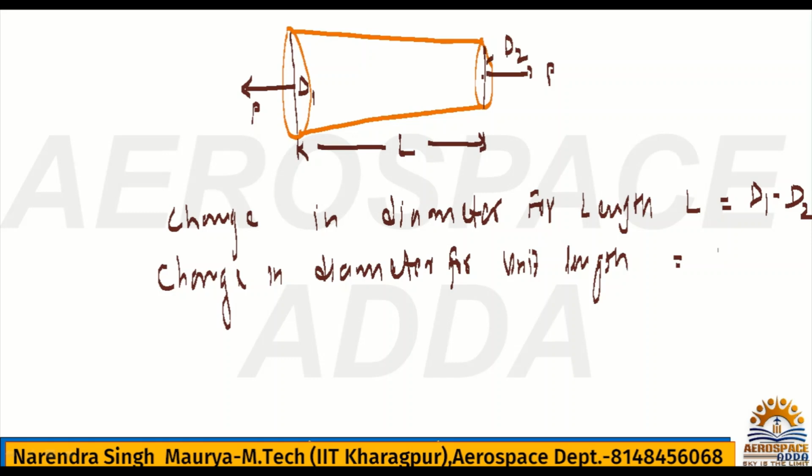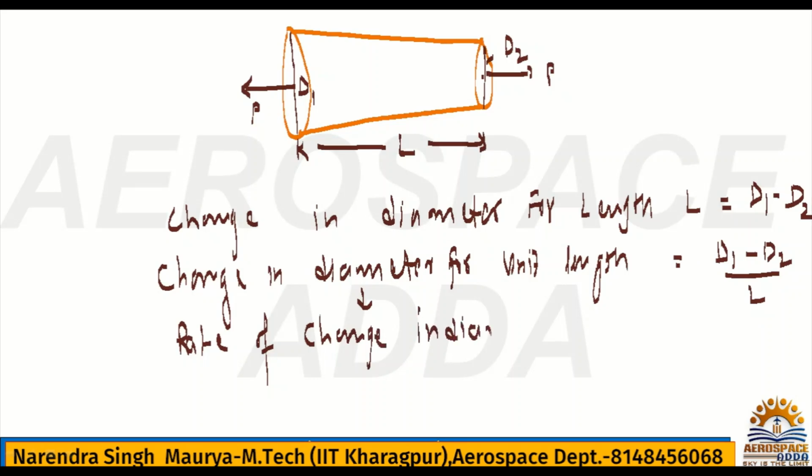If you talk about unit length, it is D1 minus D2 divided by L. This is also called, I'll explain again, the rate of change in diameter per unit length. This means per unit length.